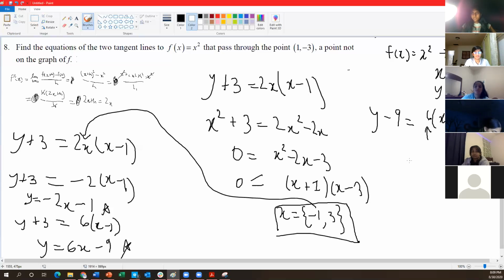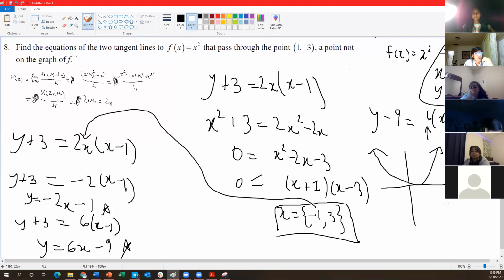So why couldn't we just plug 1 into 2x, like where it says 1 comma negative 3? Because 1 is not the point on our function. Remember, this is our function. The reason we were able to do it here is that 3 comma 9 was on our function.